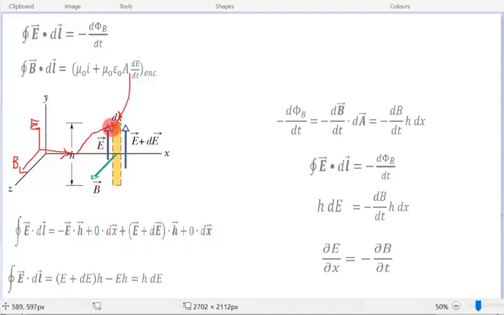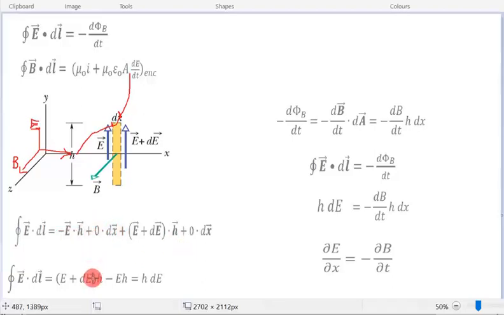That will be the negative of the field. The field is shown in this direction, but we want the opposite direction because we are integrating along this direction. So we take the negative of E multiplied by the length, which is H. Then finally, we have this side, which is dx, but there is no electric component along this side, so the electric component is 0 multiplied by dx.